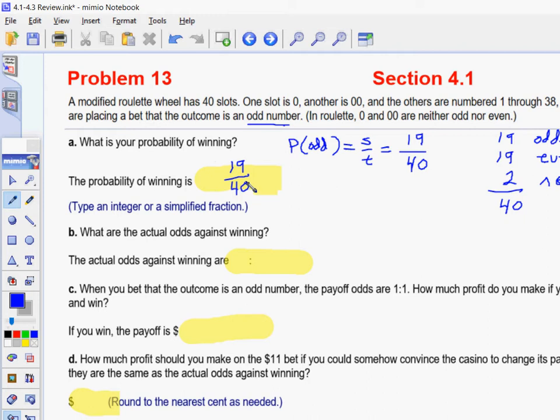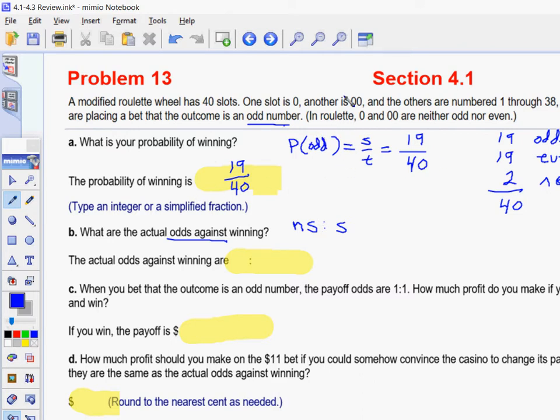What are the actual odds against winning? Now when we write odds in favor, remember, we write successes versus not successes. Odds against, we write not successes versus successes. We split apart the total into the successes and the not successes.